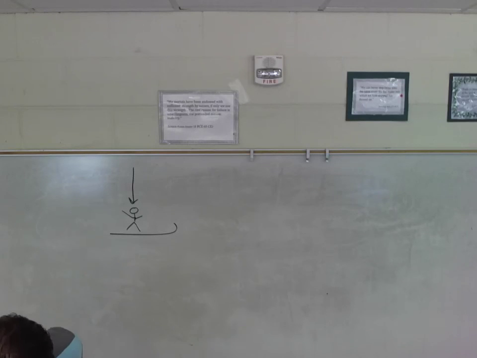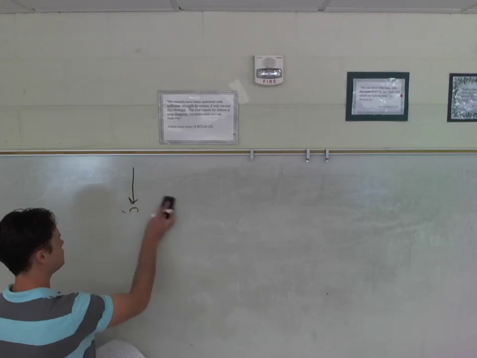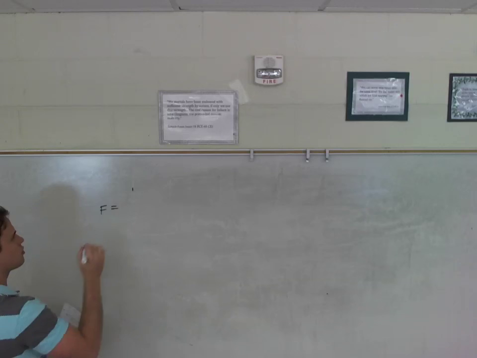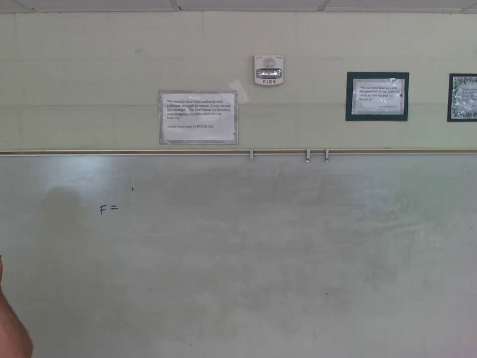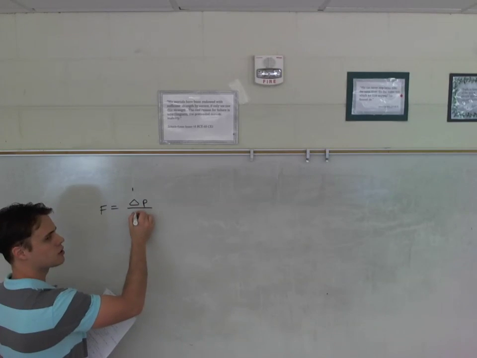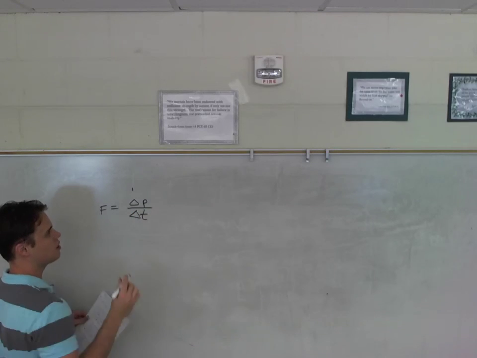Okay, so the next thing we've got to define is impulse. So let's look at that. So we know that, how can we write Newton's second law besides F equals ma? Yeah, change in momentum over change in time.